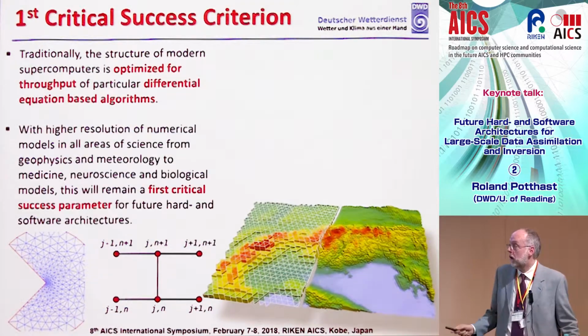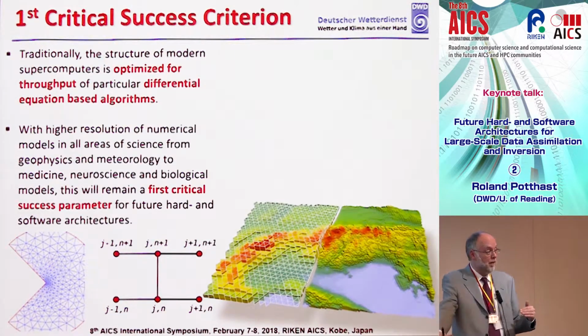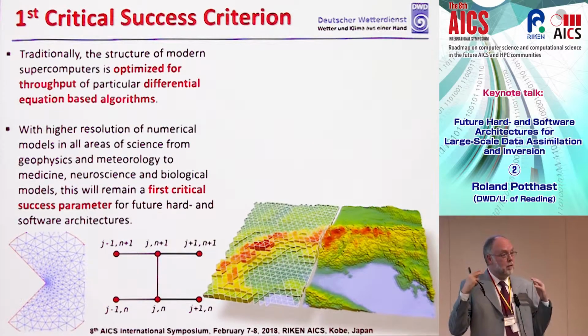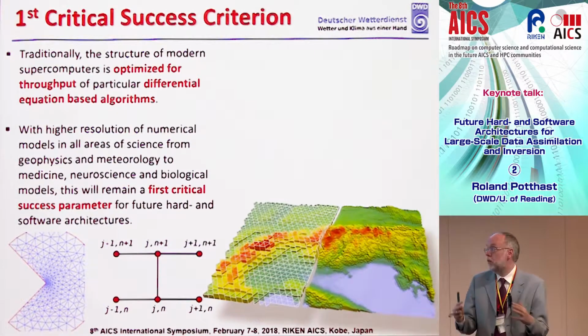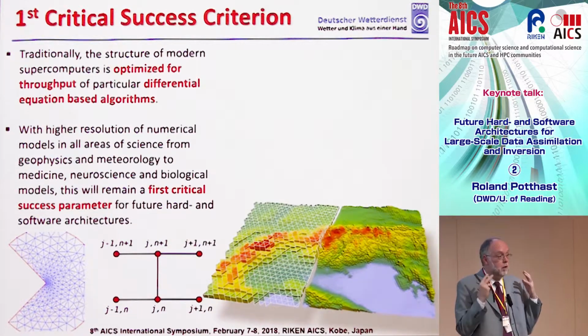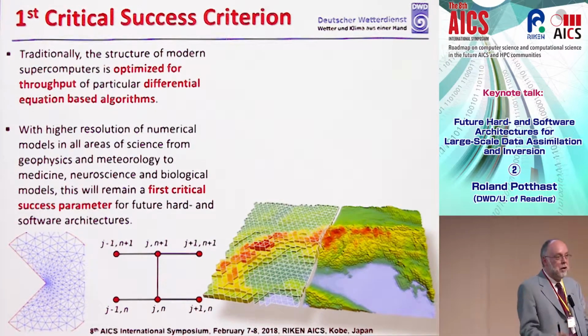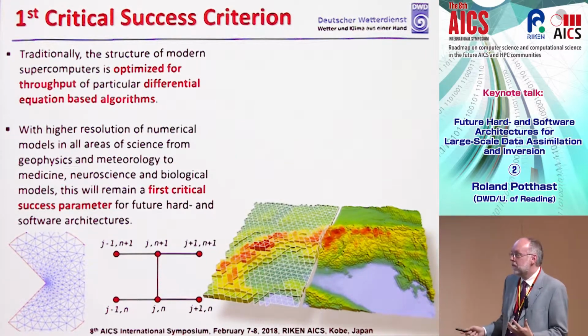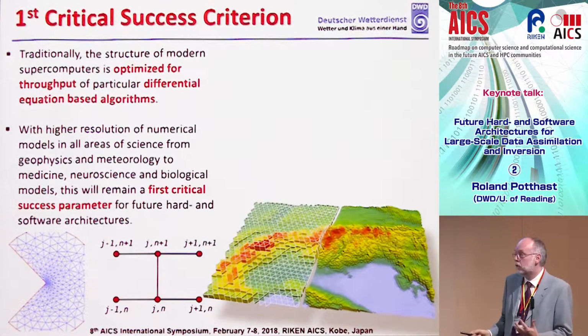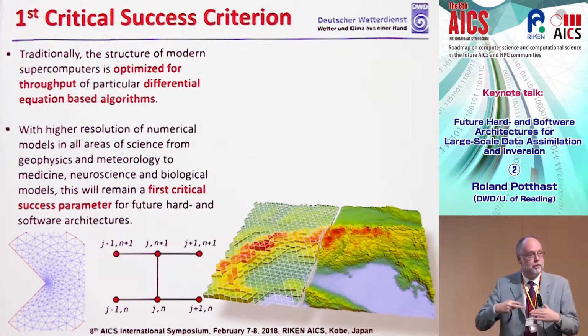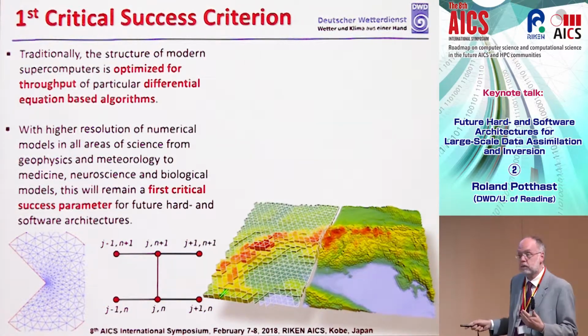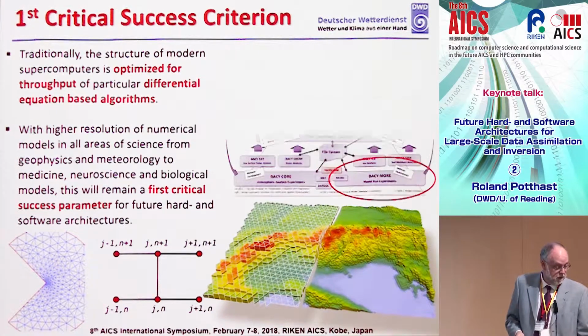And it's still good. I mean, we go to higher resolved models, and we have this in all different parts of science. It's in weather and climate, but it's also in neuroscience, it's in biology, and you still need this. I mean, if your computer can't do it, you are lost. So it's a first and will remain a first critical success parameter for all future architectures to do this in a very fast way.